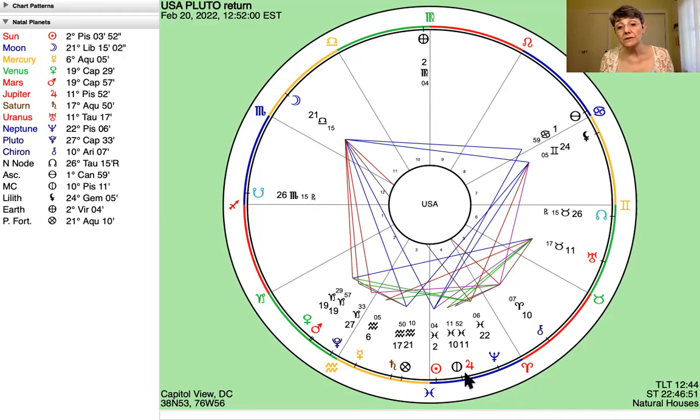Because remember, Jupiter is the ruler of the ascendant, which is the identity of, and it's together with the sun. So people are dreaming of a better way to be. And this is refreshing, right?